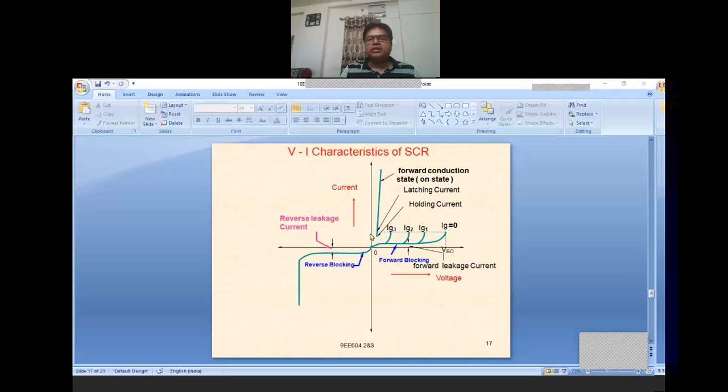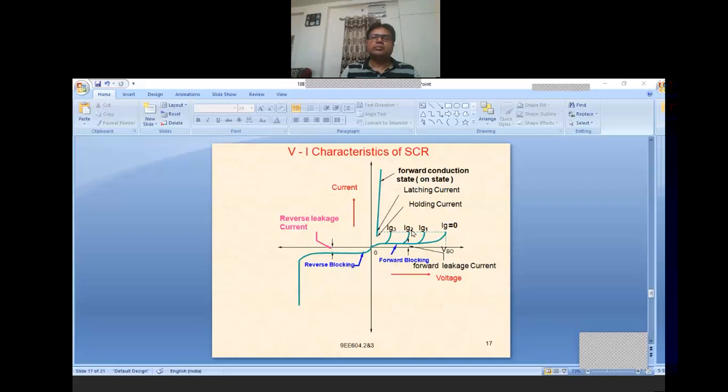The difference between this point and this y axis is the voltage drop. For all practical purposes, for an SCR constructed and designed for normal single phase voltage and currents, the voltage drop will be of the order of 1 to 1.2 volts at maximum.